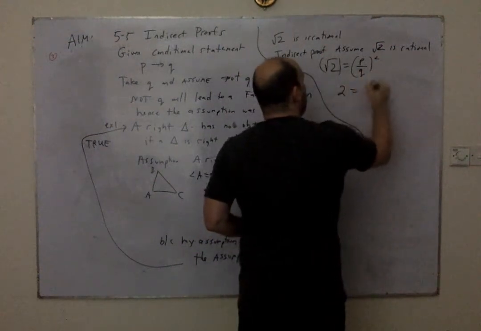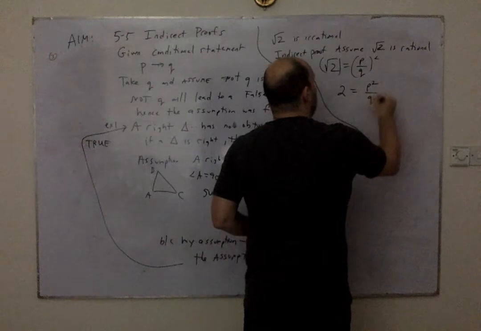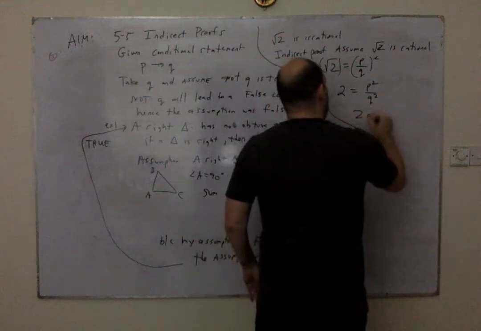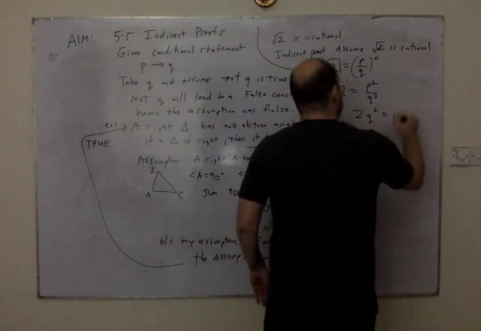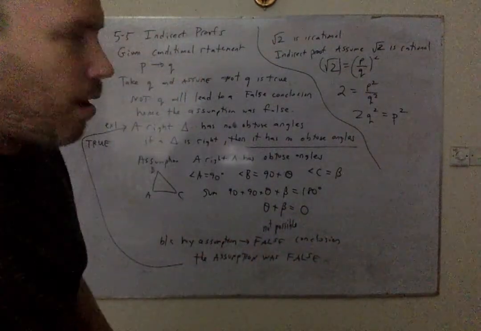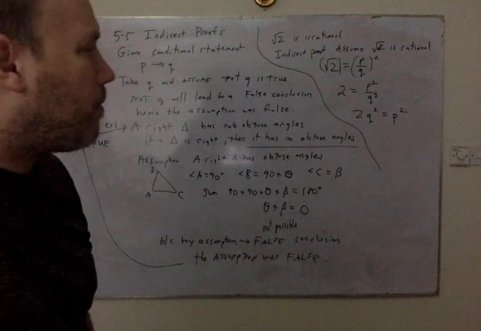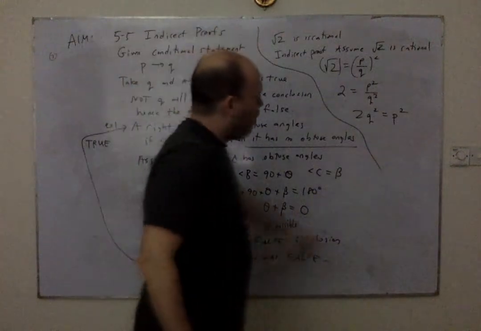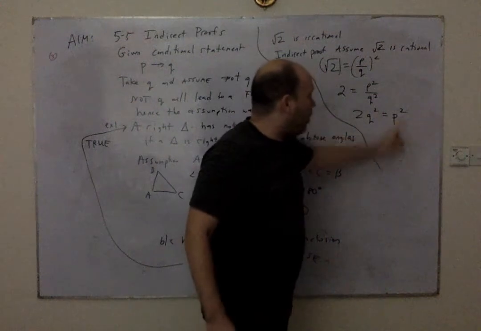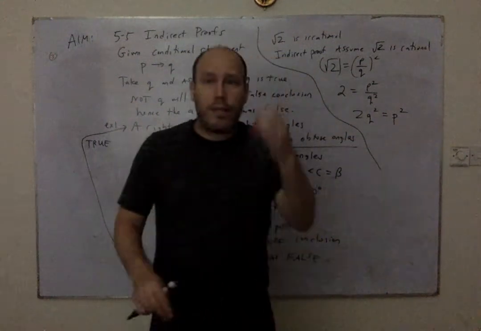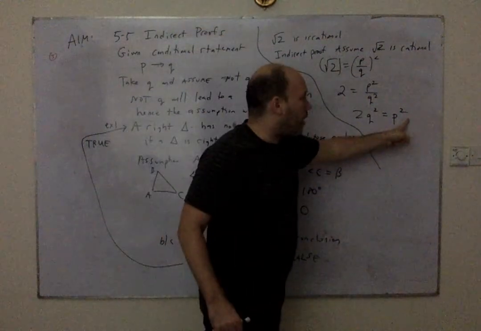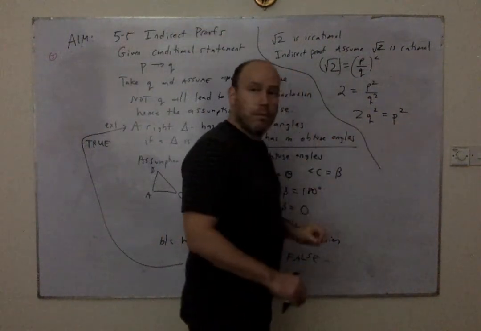So 2 is equal to P squared over Q squared. And then cross multiply, and I have 2 Q squared equals P squared. Does anyone see the contradiction? Once again, it's advanced for this class, but look at P squared. P squared is something times something, right? But how can something times something be equal to three things?